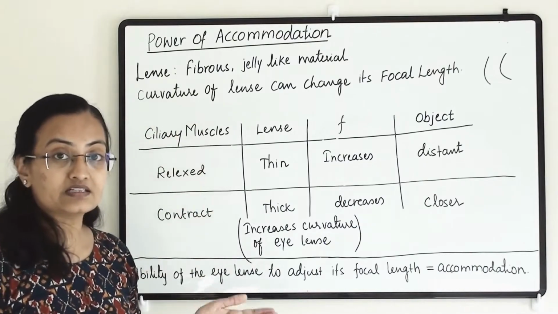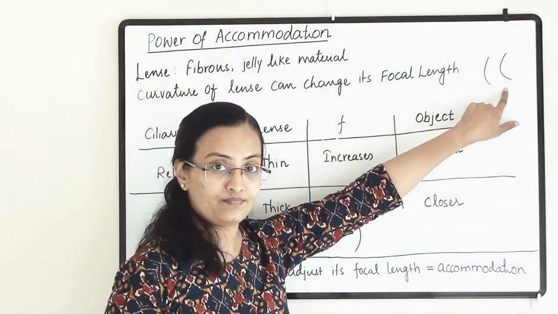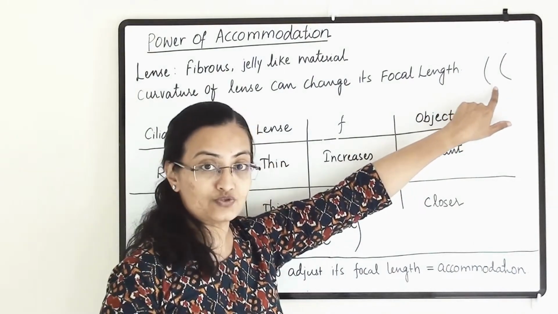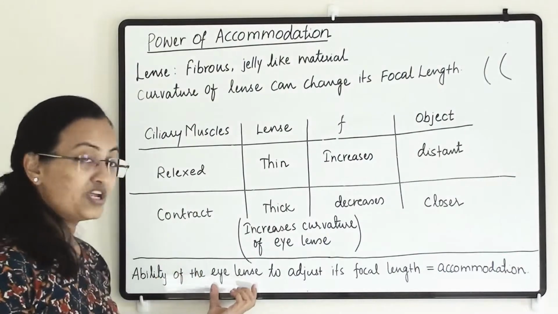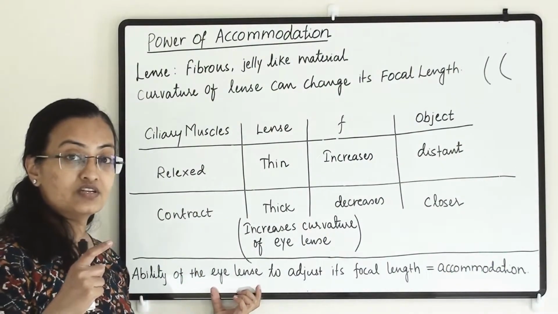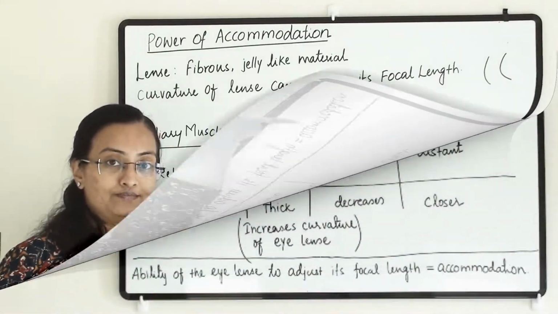It will contract, it will relax, and it will change the curvature of the lens. And as the curvature of the lens changes, its focal length will change. So this ability of the eye lens to change its focal length is known as accommodation.